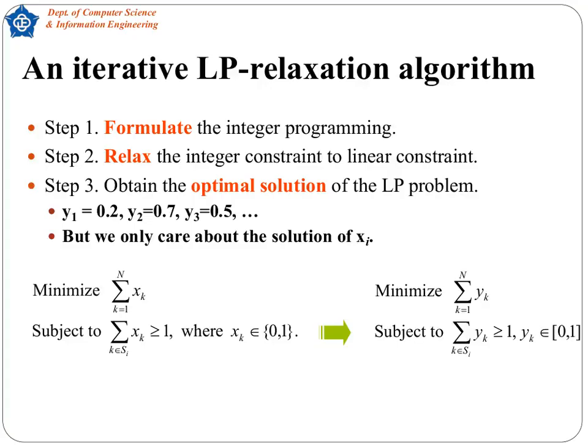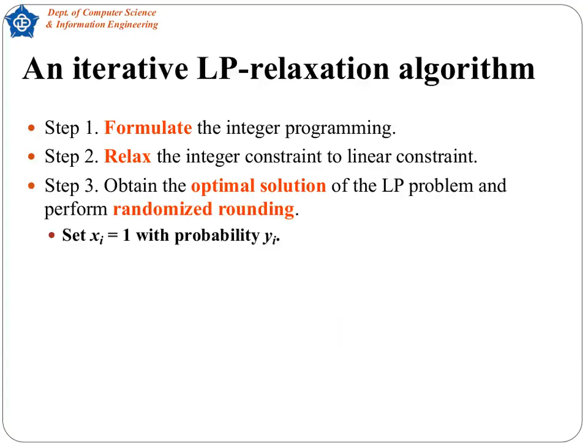Building on our LP relaxation discussion from the last slide, let's walk through the full iterative algorithm in 3 steps. First, we cast our problem as an integer program, defining each binary variable x, the objective to minimize their sum, and the coverage constraints.